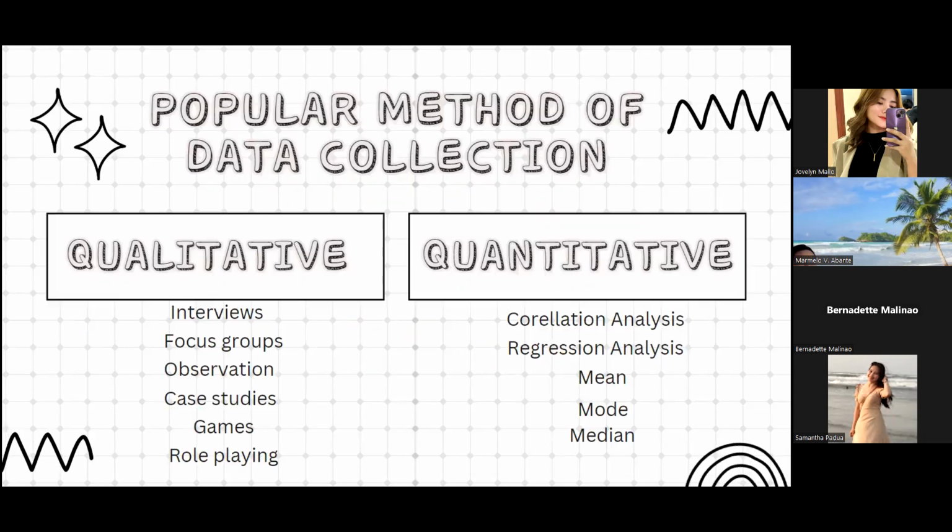So, to sum it all up, we have two types of data, primary and secondary. Primary data are usually data that we collect directly from the source, while secondary data is data that already exists and is readily available and can be filtered according to the purpose of research.